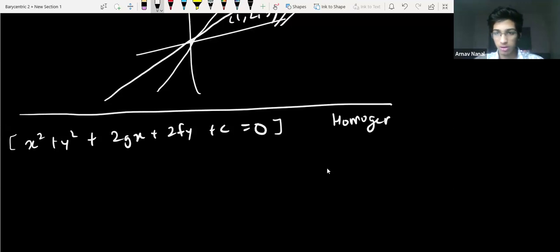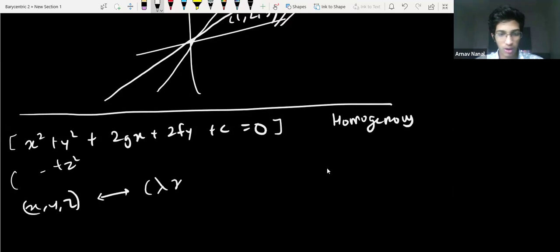That's what you mean, right? Because if, let's say, okay, wait, I should have had some z term here, let's say z square or something. So if we have x, y, z satisfying this, now this point we can also identify as lambda x, lambda y, lambda z by some other transformation.